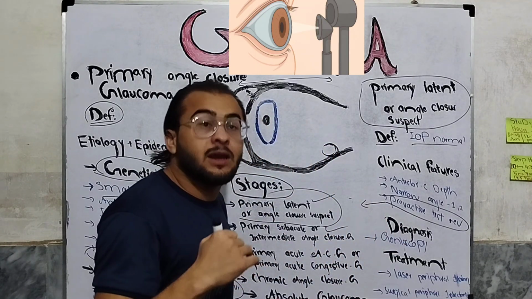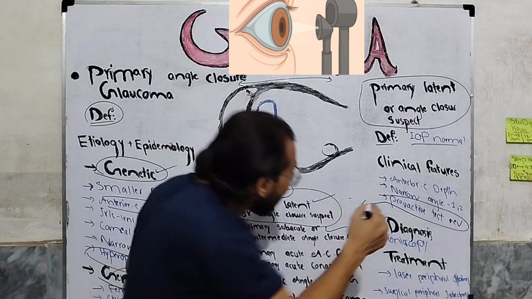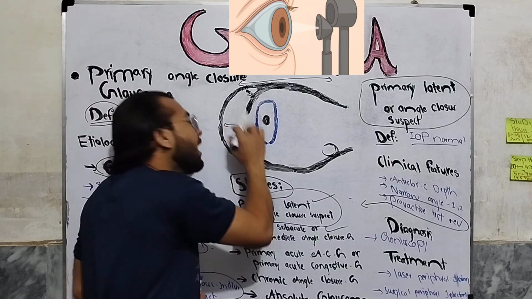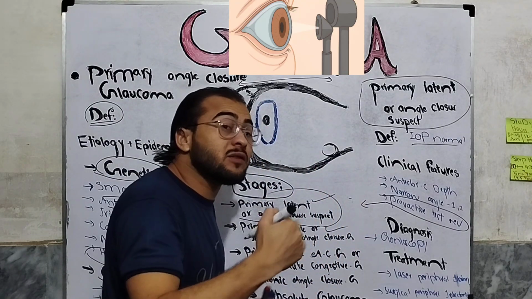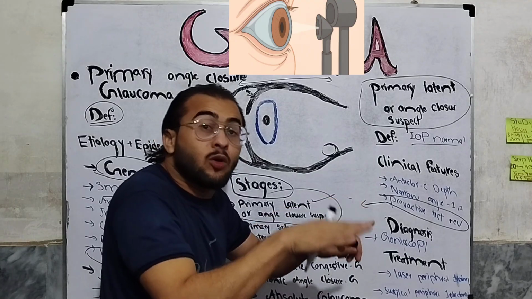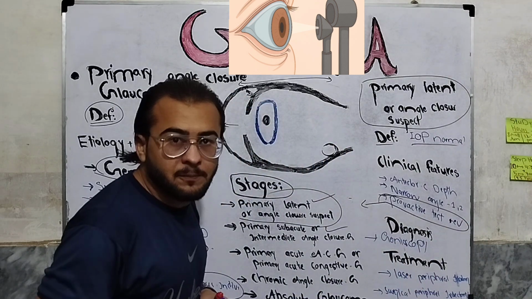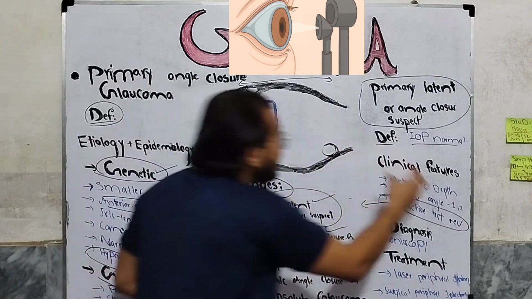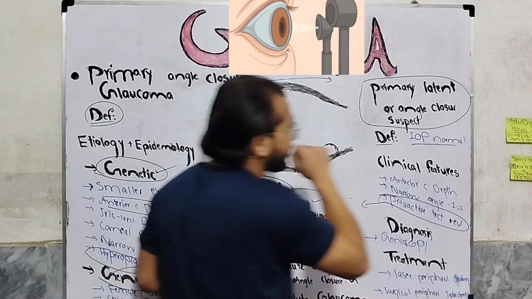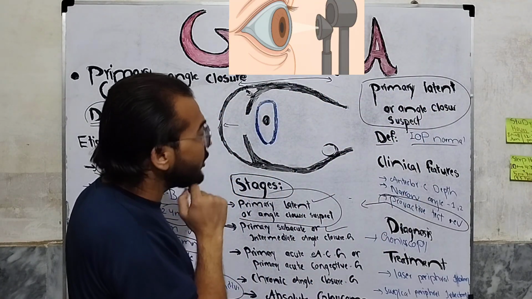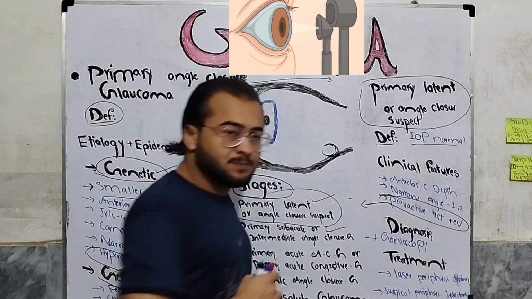If the difference is more than 8 millimeter of mercury, we are inducing a pupillary block, which increases the pressure, and the provocative test is called positive. These will be the clinical features in which the primary latent or angle closure suspect case will present to us. So what is the problem if the patient is normal? What is then the point?